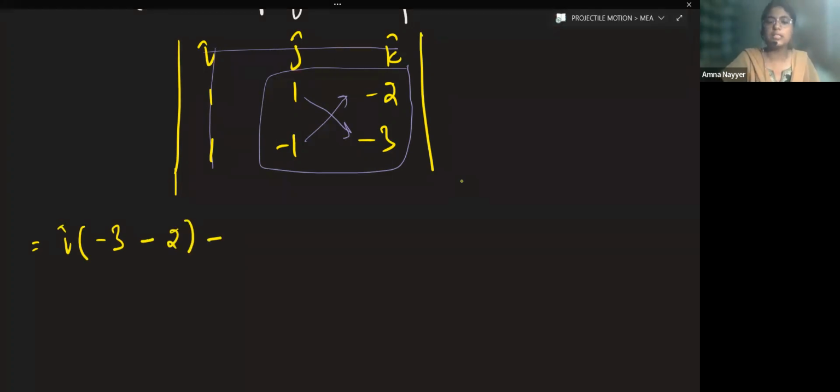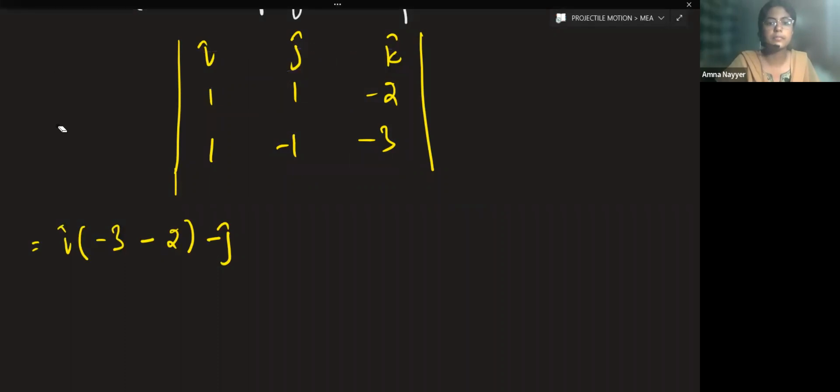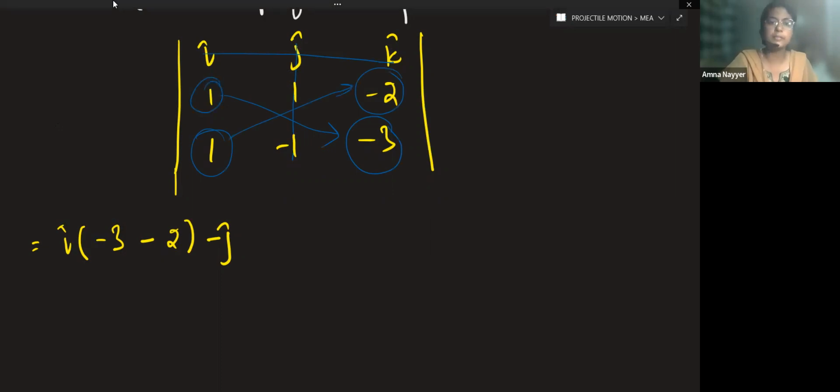Then minus J cap. For J cap, we will now exclude the row of J. So what are we left with? 1 multiplied by minus 3 obliquely downwards minus 1 multiplied by minus 2 obliquely upwards.